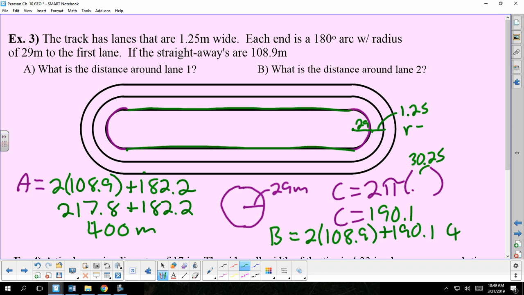And I get 407.9 meters. So the stagger is about 8 meters to go out to that next lane.